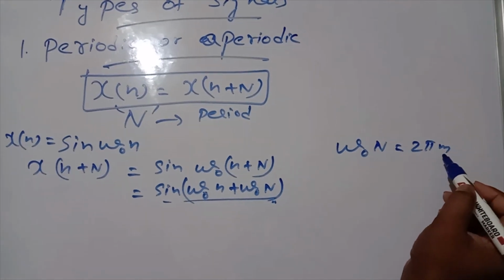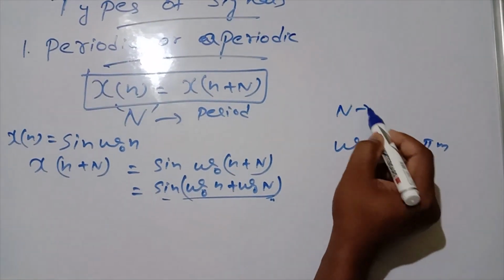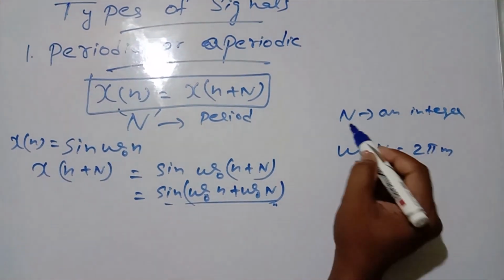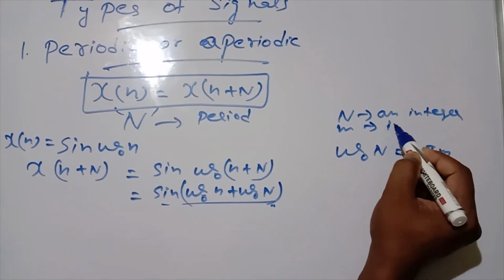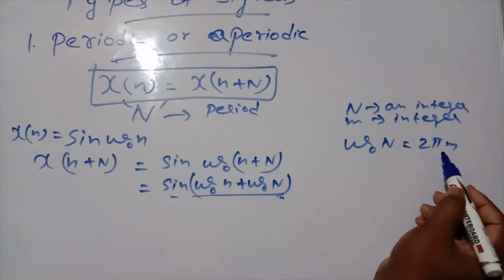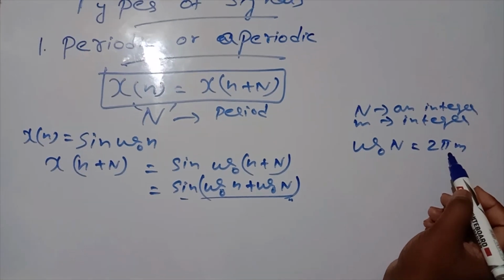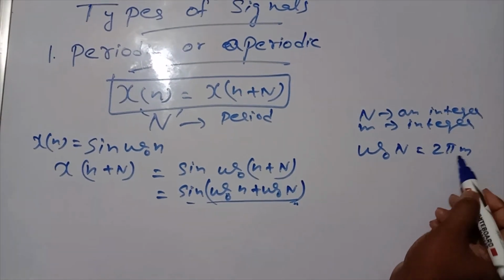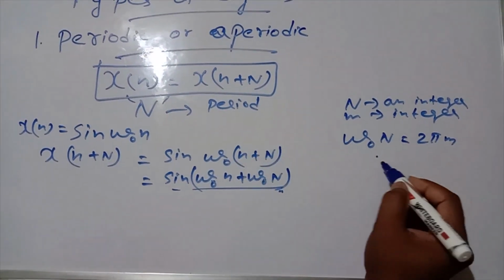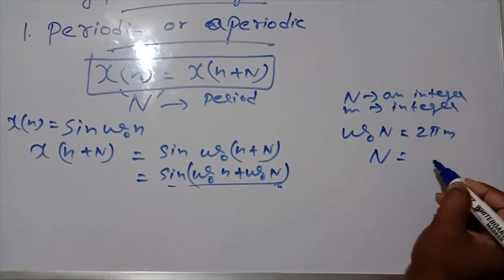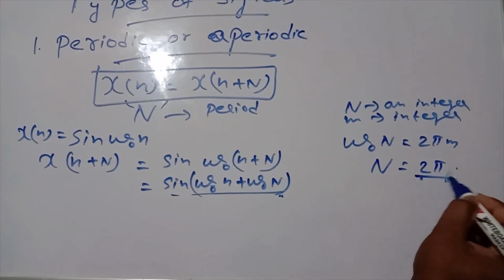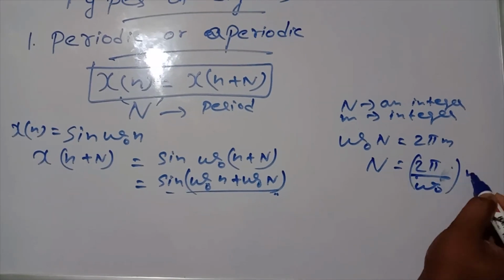Here we have to consider N as an integer, and m will also be an integer. We can't consider decimal values or irrational numbers for m or N. So we can say this kind of sinusoidal signal will be periodic if and only if capital N is equal to 2 pi by omega 0 into m.